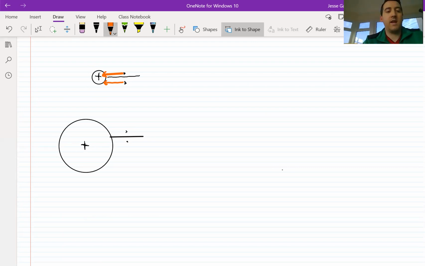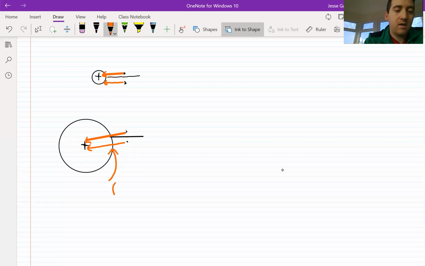Now, hopefully you can see that when we increase the atomic radius like this, we increase the distance of the nucleus away from the electrons. So this is further away. The distance is further. Okay.